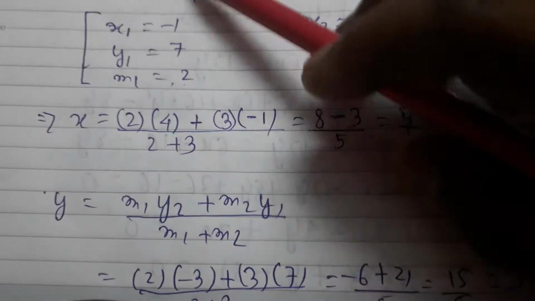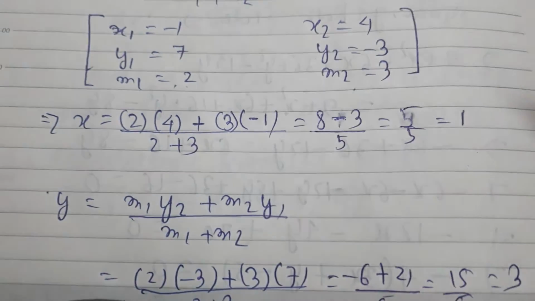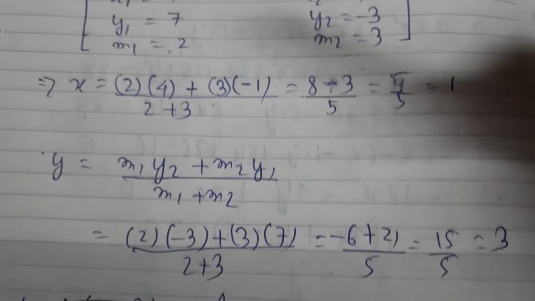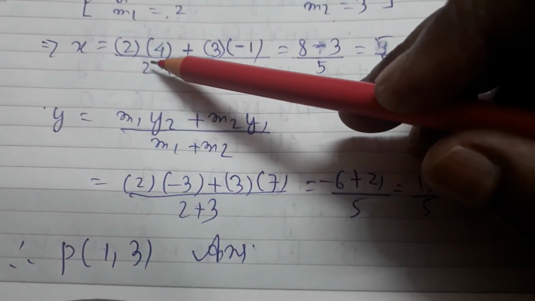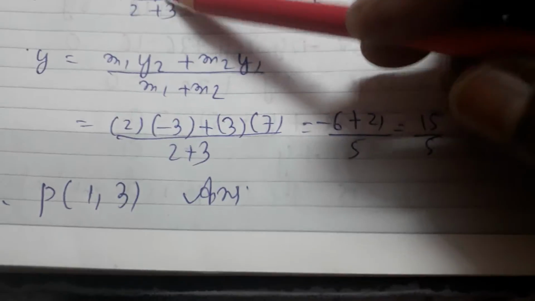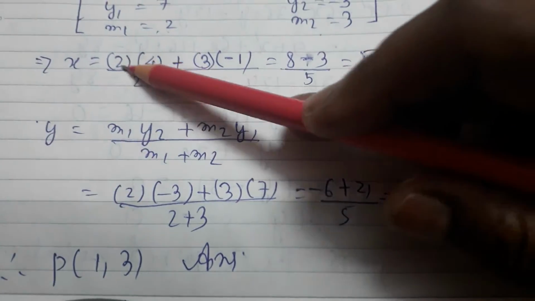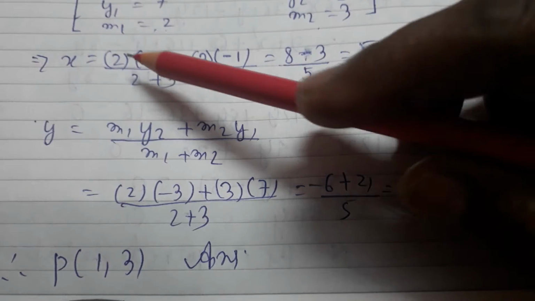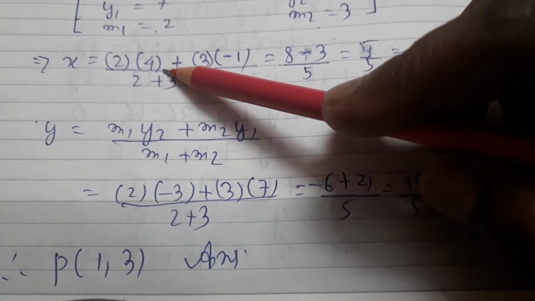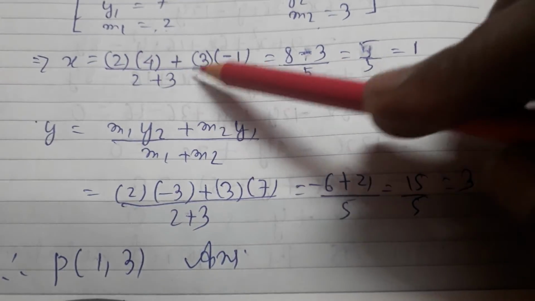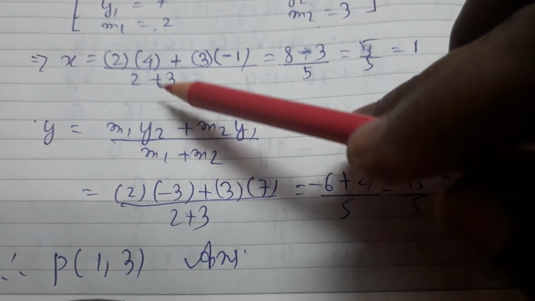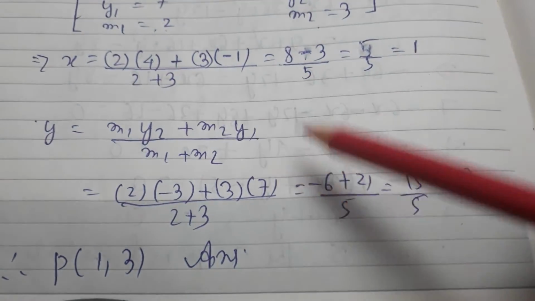Now we use this formula: x equals (m1 x2 + m2 x1) by (m1 + m2). Now put the values, and you should write all the digits within the bracket. So 2 into 4, that is m1 x2, plus m2 x1, by m1 plus m2.